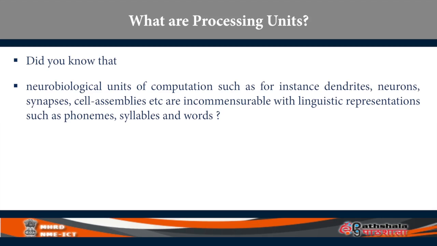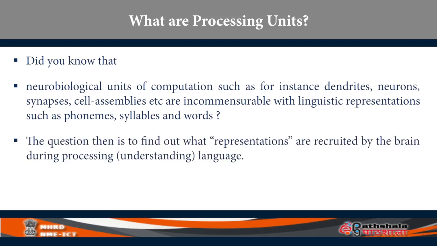So there is this incompatibility between linguistic units of representation and neurobiological units which are involved in computation over those representations. So, the question then is, what representations are recruited and how are they recruited by the brain during processing, that is during understanding language? How is the brain recruiting these representations and how are they combined online when we are understanding something?